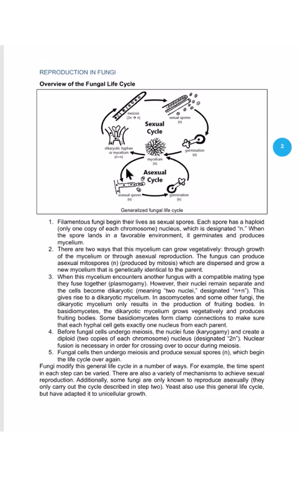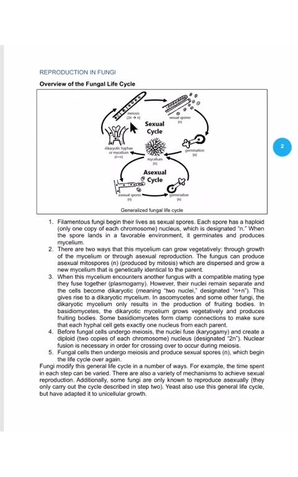because it contains haploid cells or spores. The mycelium might mate or meet another mycelium, and they fuse together, and this is the start of the sexual cycle.